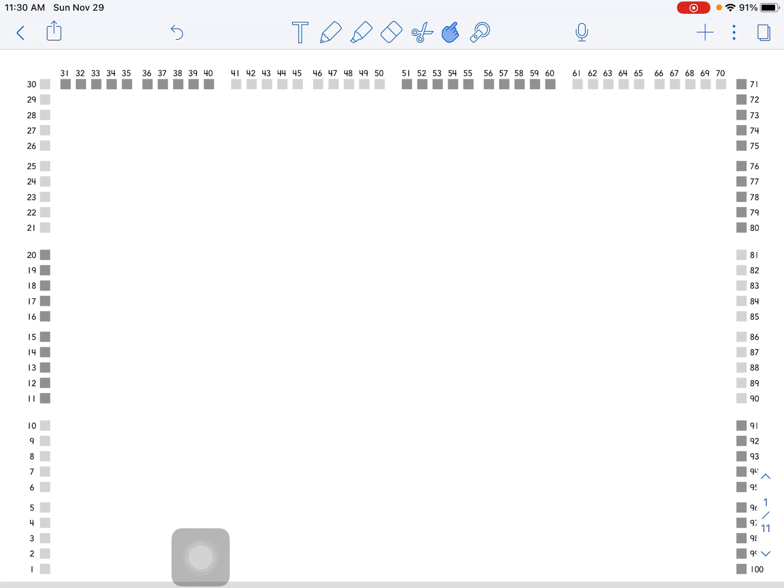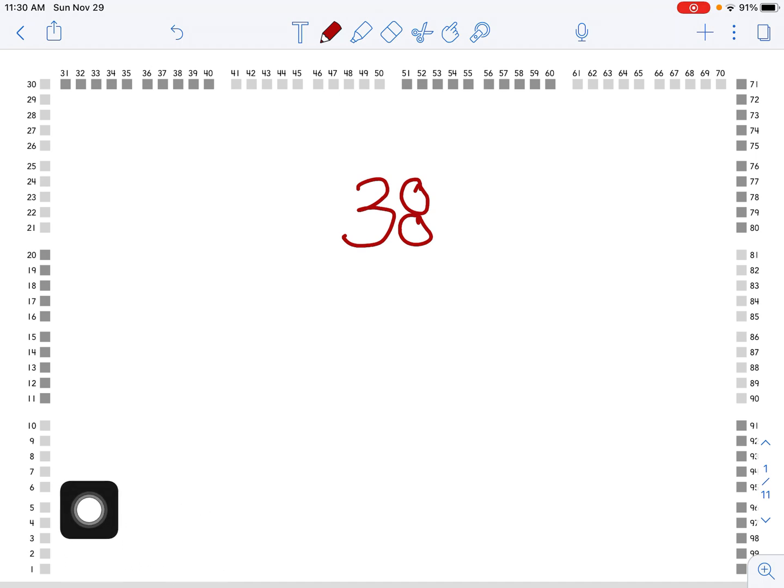The first number I'd like for us to represent today is the number 38. So if you could please write the number 38, and that is the numeric form, or sometimes referred to as the standard form. And when we're representing the number 38, we're going to be making it into our proof picture again. So we're going to be coming over here where my cursor is, and we're going to be counting our tens, right?